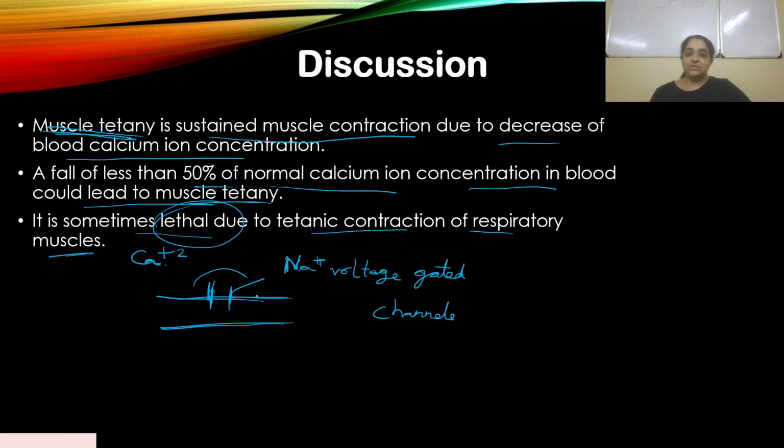Now how do these sodium channels function? Because of calcium ions in the blood. There's a lot of calcium ions in the extracellular fluid, and they have a very profound effect on the sodium voltage gated channels. Imagine you have these sodium voltage gated channels.